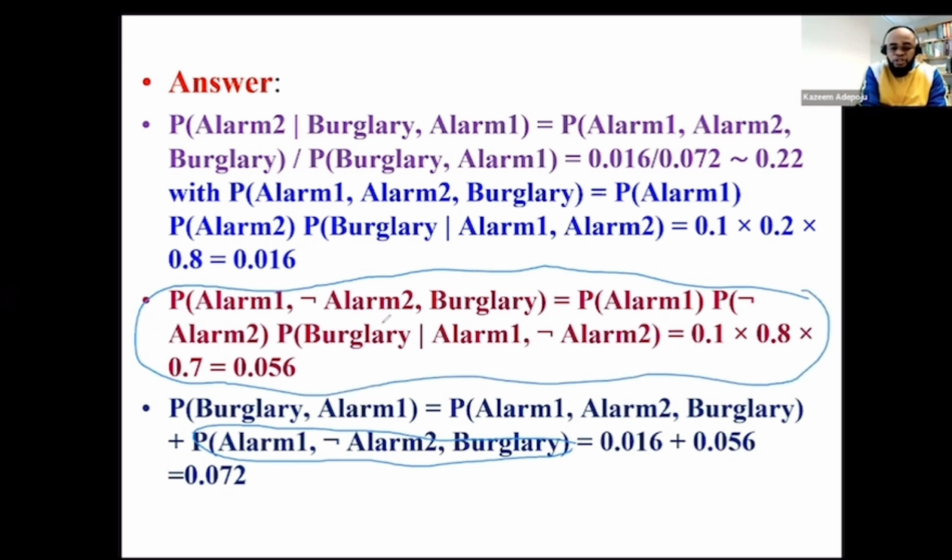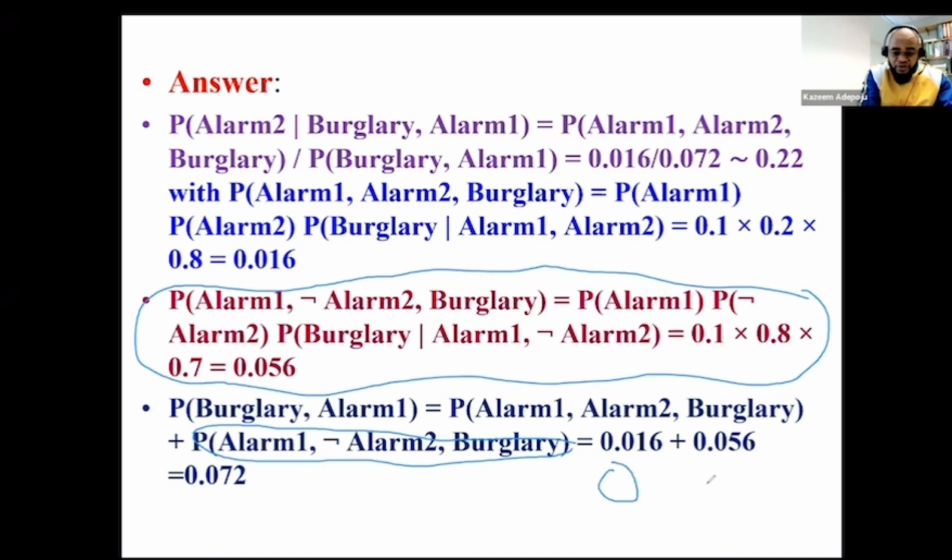So the probability of alarm 1, the complement of alarm 2, and the burglary. The same way I used the network, I'm going to use the network the way it is, the second network. Don't forget the second network.